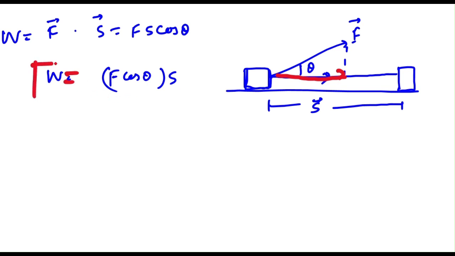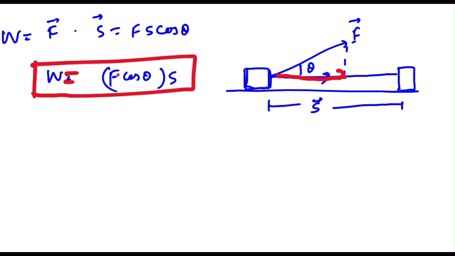So in this way we can represent the force vector, and then cos theta will be multiplied to give the projection of this force vector, multiplied with displacement. This is work done. You can use F s cos theta, or you can use F cos theta into s. Both are the same actually here.